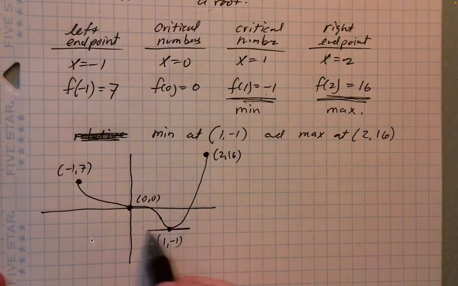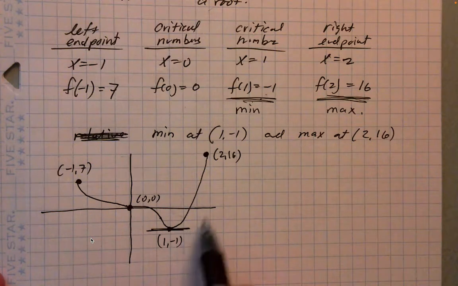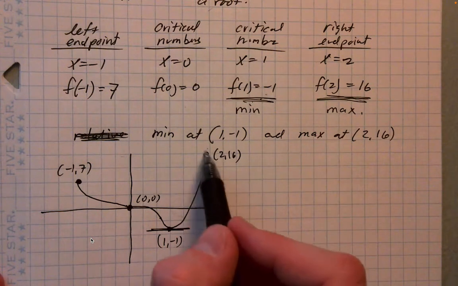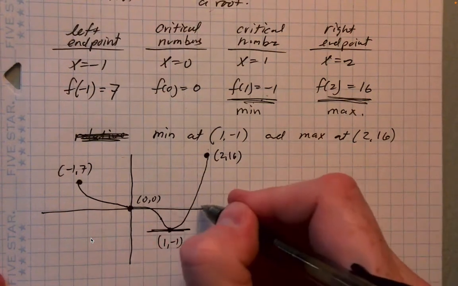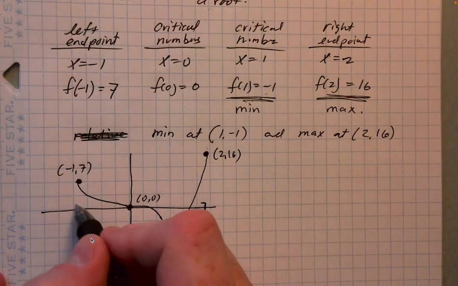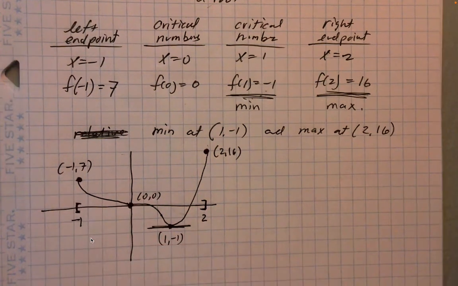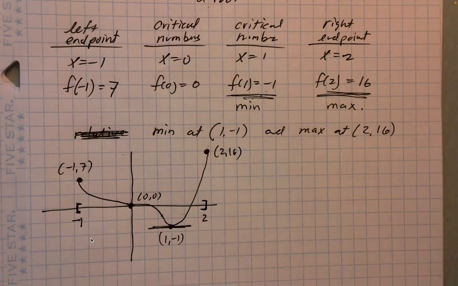Right, so clearly you do have a minimum value here, and you have a maximum value on this endpoint. So this would be the endpoint of 2, and this would be the endpoint of the interval of interest at negative 1. Okay, so very nice, right?